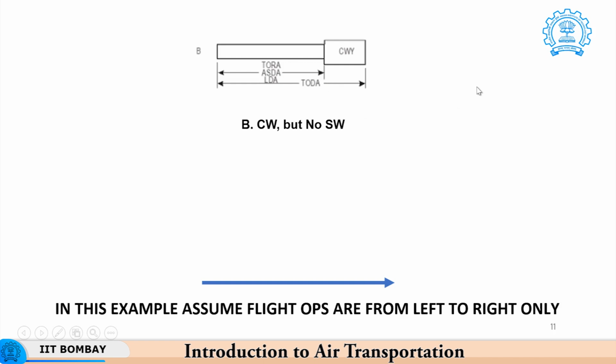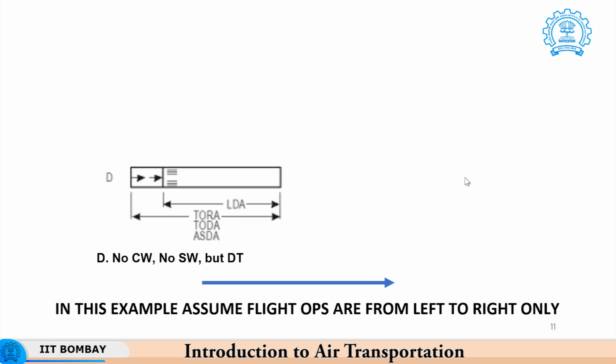Obviously, this is meant for people, since takeoff will take place only from left to right. If you have a clearway, then the takeoff distance available becomes beneficial, because from here to here anyway you require it, and the remaining portion is available only for takeoff distance. Therefore, the presence of a clearway can improve the value of the TODA of an aircraft.